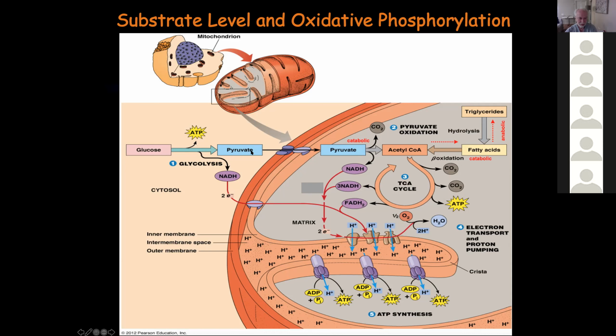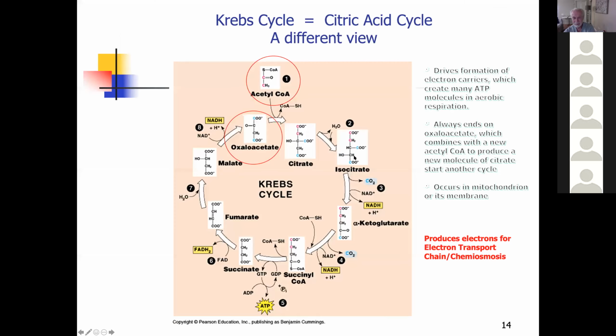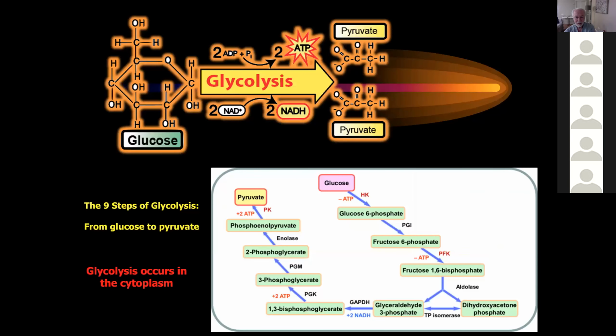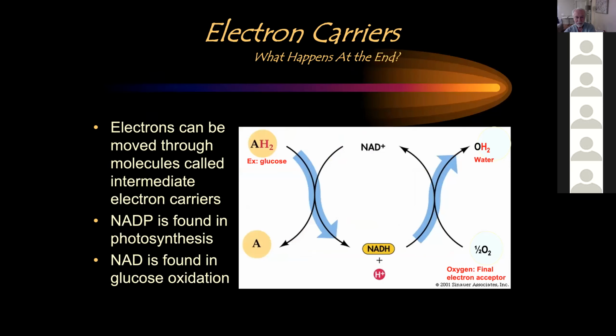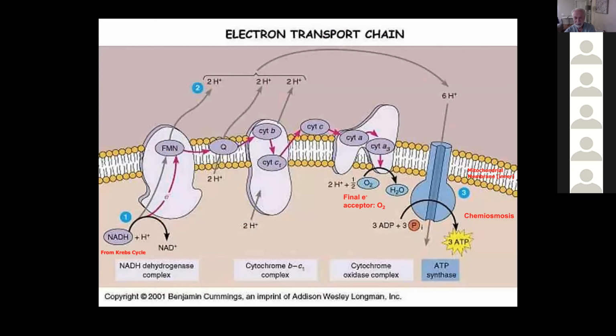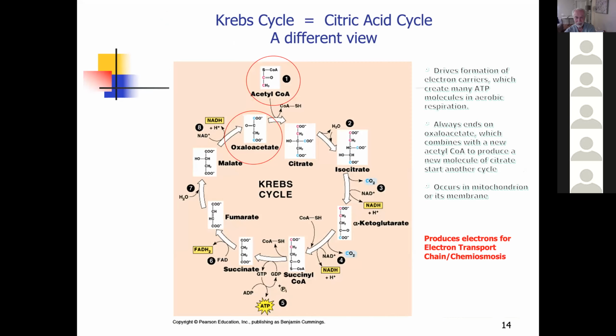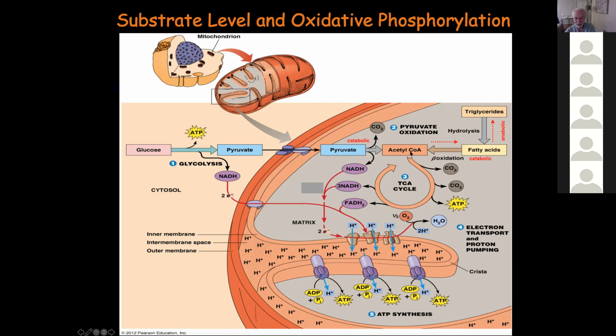Pyruvate then is capable of crossing the mitochondrial membrane. So now it's inside, and it is then converted, as we just saw, to acetyl-CoA. That's here.